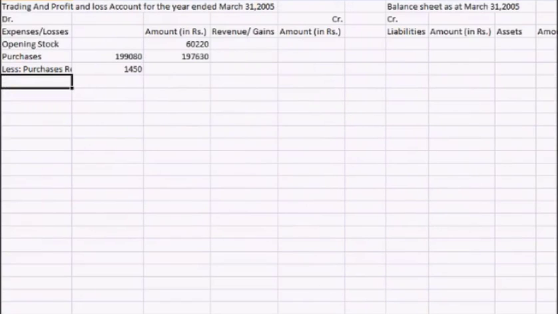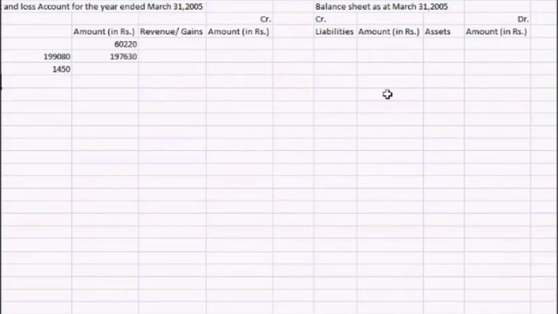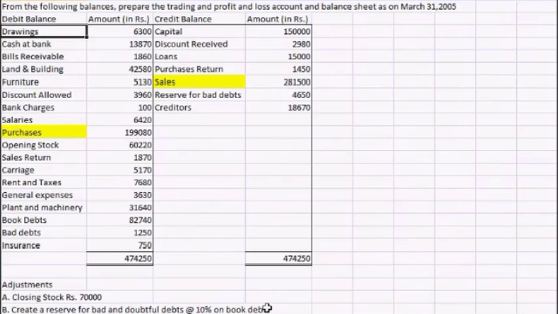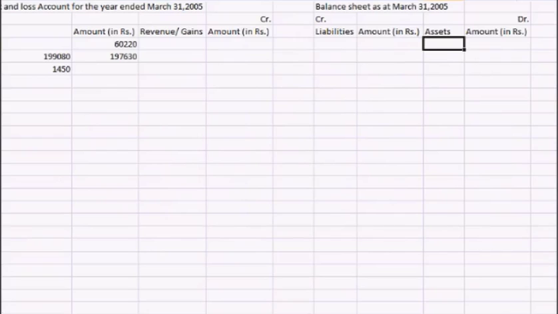Okay, so we'll write, and drawings need to be adjusted from the capital, so we'll defer this one. We'll start with the next one, the cash at bank.